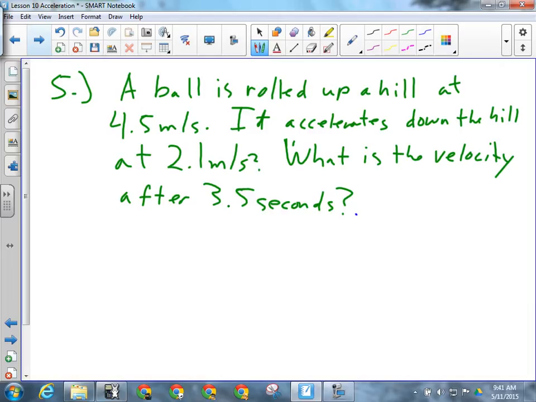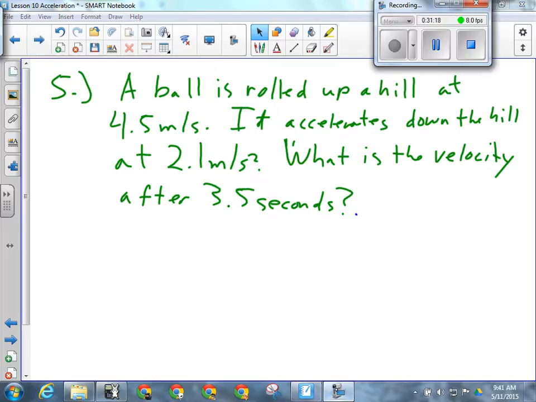Here's that one I was telling you about. I want you to try it now. Ball rolled up a hill. Give this one a try. Okay, let's have a look at this one. We got a ball rolled up a hill at 4.5 meters per second. Should I make up the hill positive or negative? Positive.